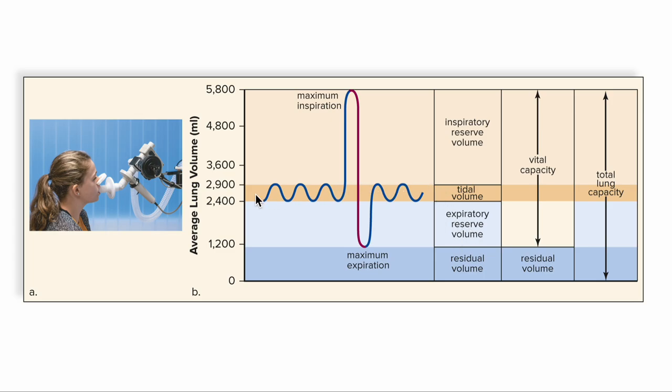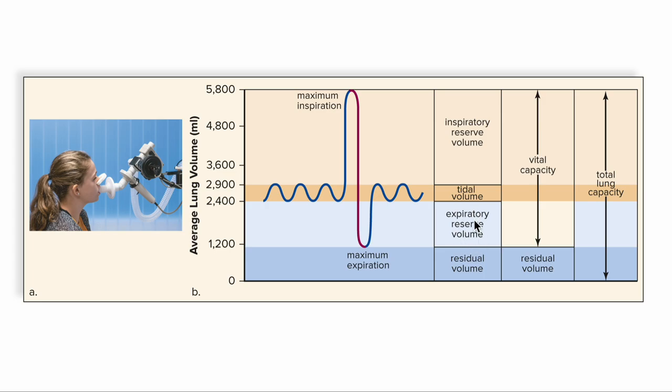So just looking at this picture again, this dark beige bar represents our tidal volume, the normal amount of air that moves in and out of our lungs when we're at rest, about 500 mils. But if we sip in more air, that's our IRV, or if we force out more air beyond our tidal volume, that's our ERV. But notice our residual volume is still there, even after we've blown out our expiratory reserve volume.